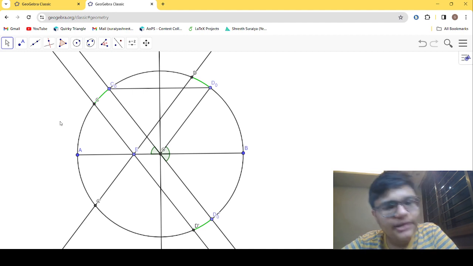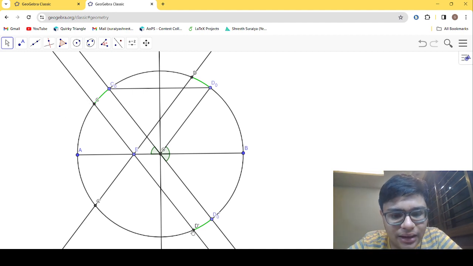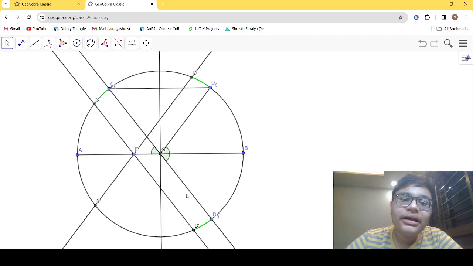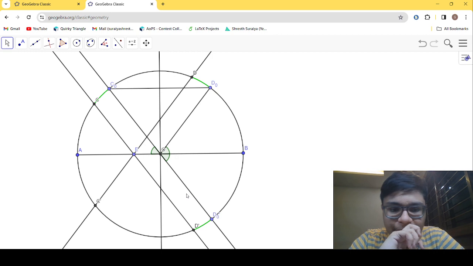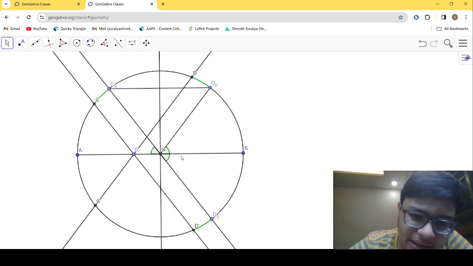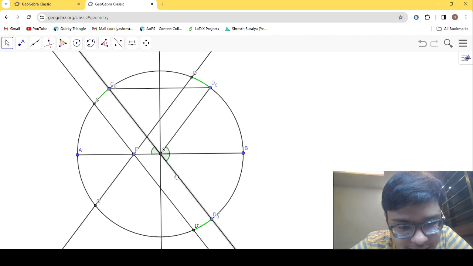So the thing is that, let CE be extended to meet the circle at some point D dash. I'm calling it D dash for a reason that we'll see later. As you can see here, these two lines make the same angle.